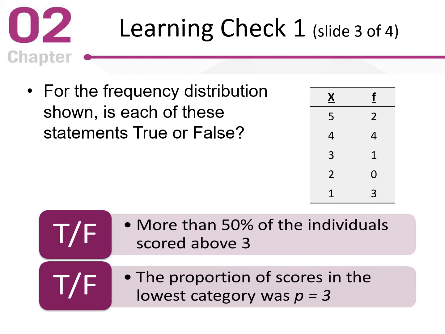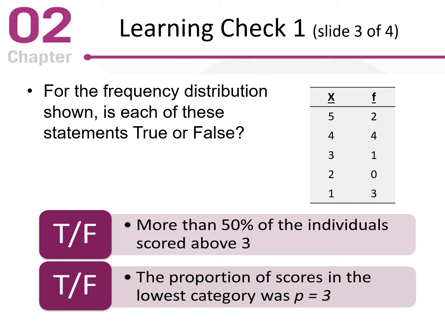So 4 people scored a 4, and 2 people scored a 5, so that's 6 total. Out of 10, 6 out of 10 is 60%. So 60% scored above a 3. So is 60% more than 50%? Of course. So that first statement is true. More than 50% of the individuals scored above a 3 because 60% did.